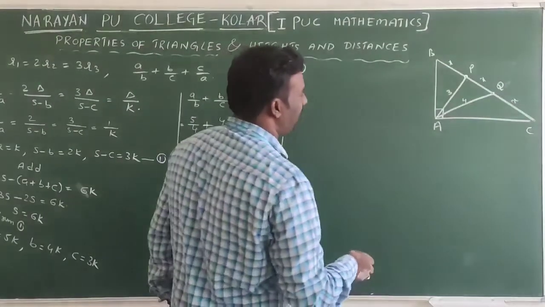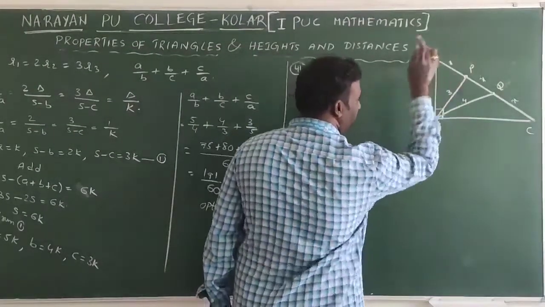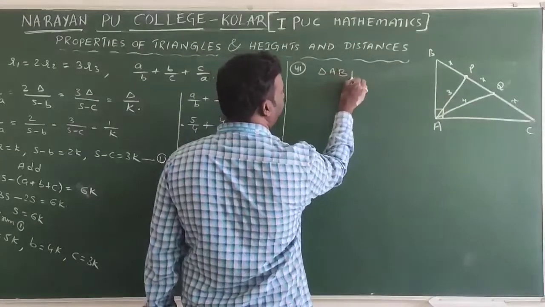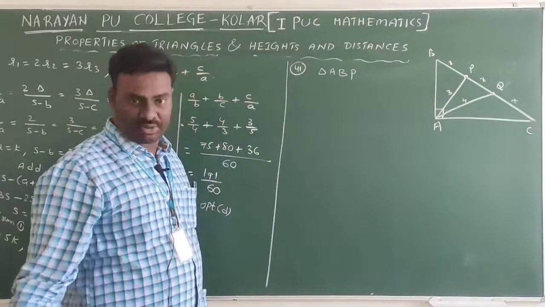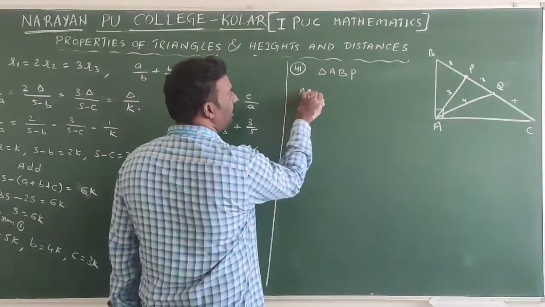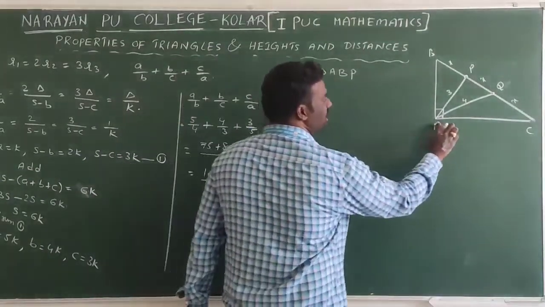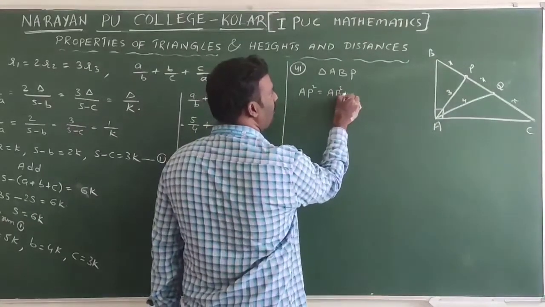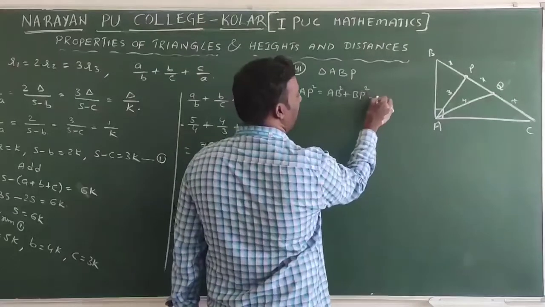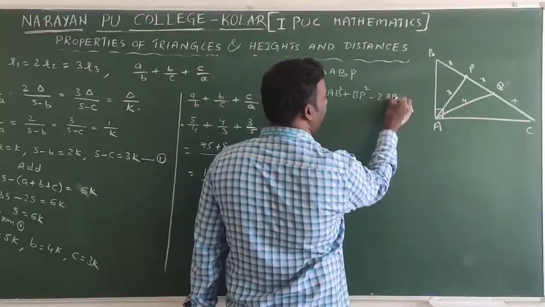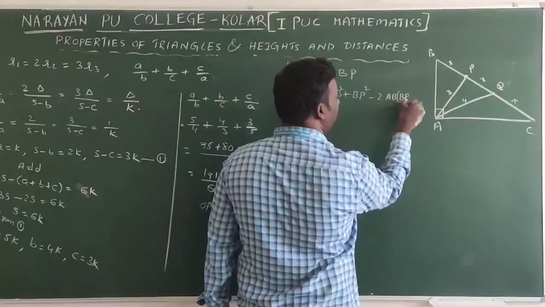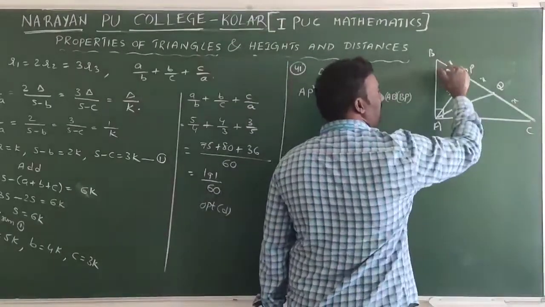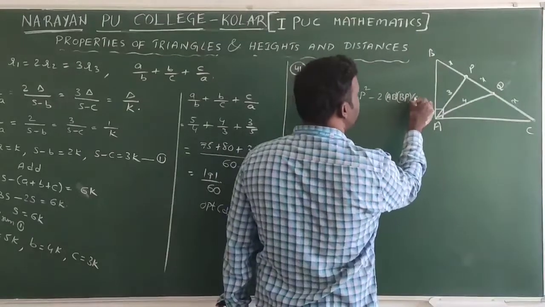I am taking the triangle ABP and applying the cosine rule. AP square is equal to AB square plus BP square minus 2 AB into BP into cos of the angle between AB and BP, which is cos B. This is the cosine rule.